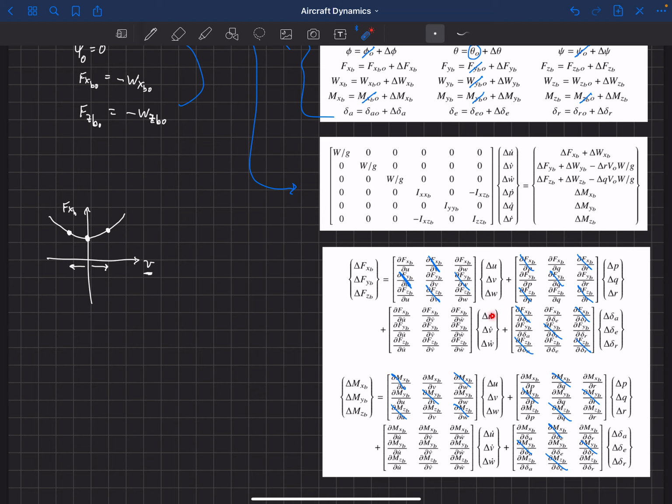The reason we have to include it is that if, for example, there's a change in W, we're flying along and have a change in angle of attack, it takes a finite amount of time for the change in vorticity on the main wing caused by that change in angle of attack to propagate downstream and affect the lift on the horizontal tail.